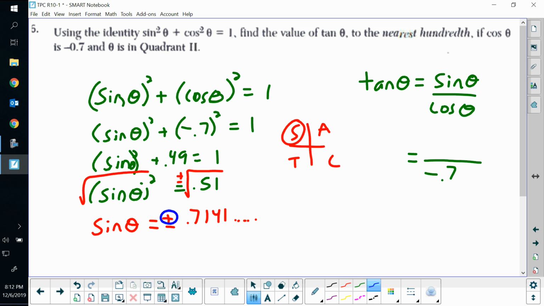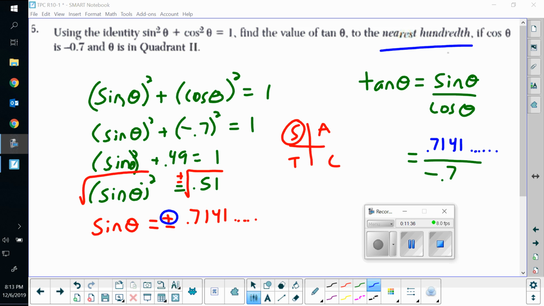So let's go over to the far right here where tan was sine over cosine, and in the sine spot we can put positive 0.7141... Now when we go to calculate the tangent here, we need to make sure we go up and select that entire decimal all the way out in your calculator when you go to calculate the tan value. So we're going to pause for 1 minute, see if you can punch this in the calculator, and notice we want to round to the nearest hundredth. So we'll pause for 1 minute to allow you to put that in and to properly round it.